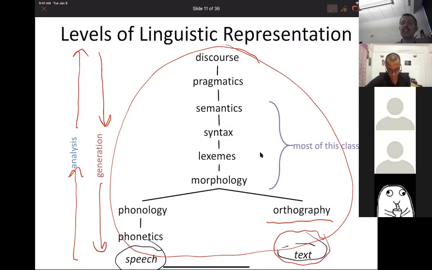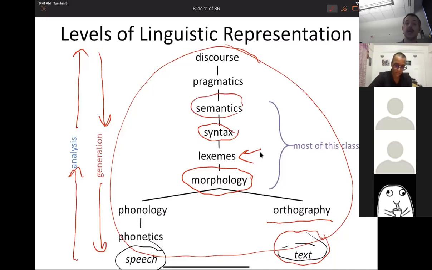Whether you're looking at phonology or orthography, you always have a morphological representation, which is about the internal structure of words, a lexical representation, which is about words in terms of the lexicon, the set of words in a language, so it's like words in terms of a kind of internal dictionary. Syntax, which is about the structure of sentences. Semantics, which is about meaning. Pragmatics, which is about language use in context. And discourse, which is about the structure of language above the level of a sentence.